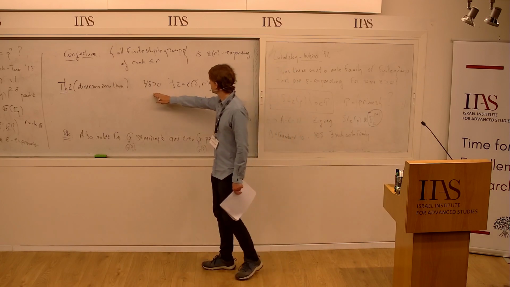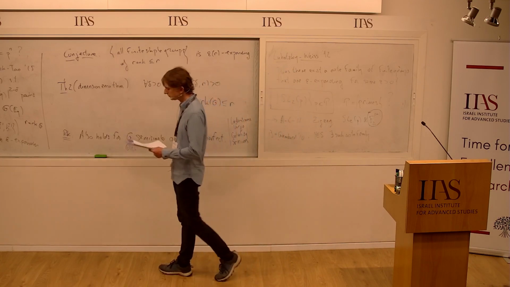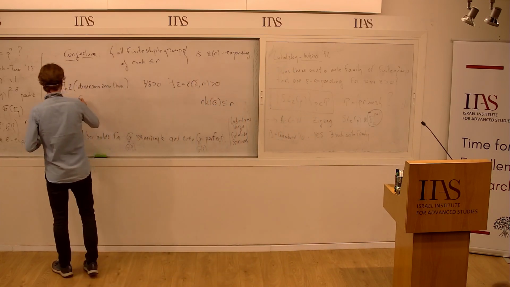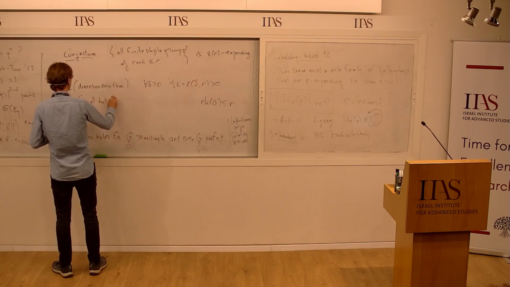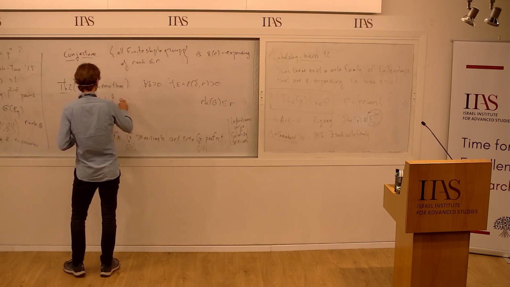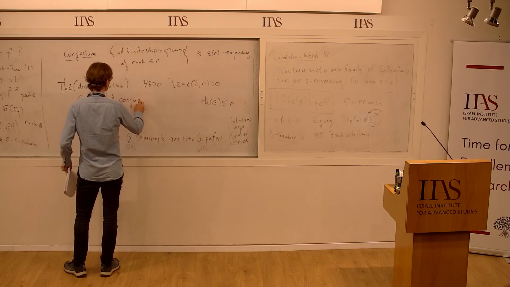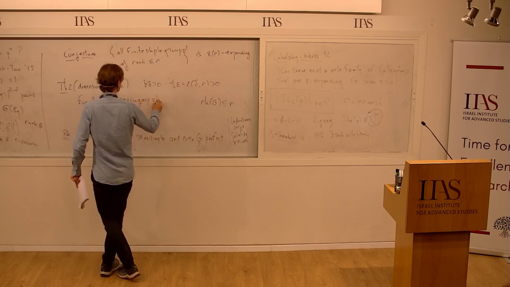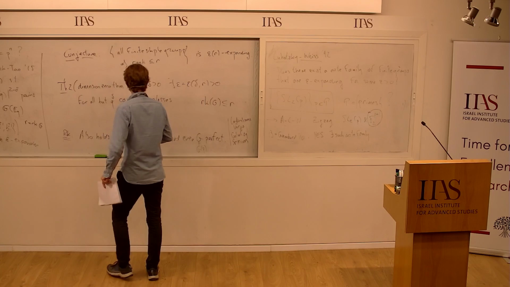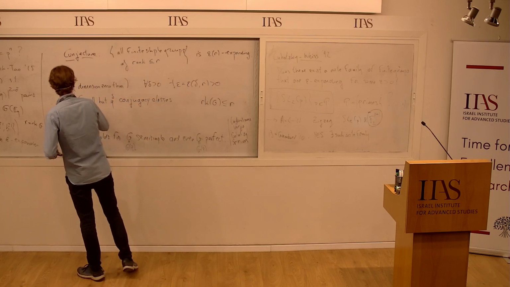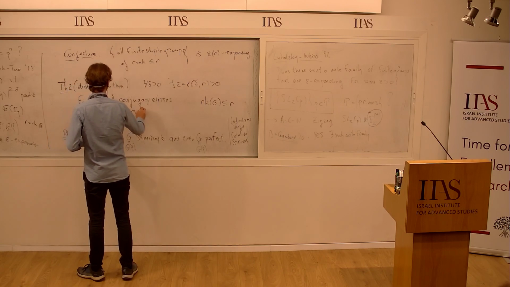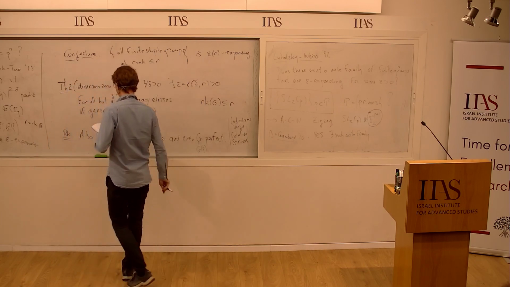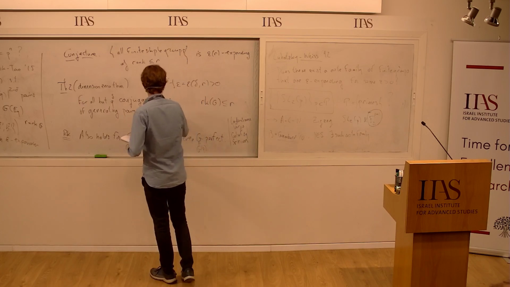Right. So let me just finish stating this. For every delta, there is an epsilon, such that for all but Q to the delta conjugacy classes of generating pairs A, B, we have an expander.